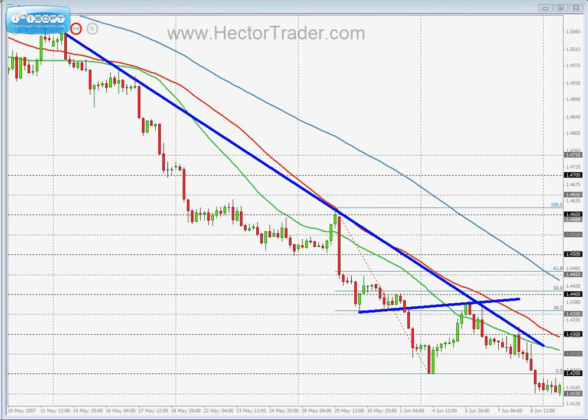If instead this very strong area of different elements of resistance, your strongest level of defense, holds and price begins to turn around, any short entry around here, once you have the confirmation that it's indeed holding, is going to be a high probability trade, and you will score some profits, as you can see on this chart.